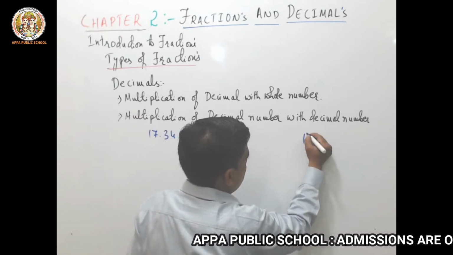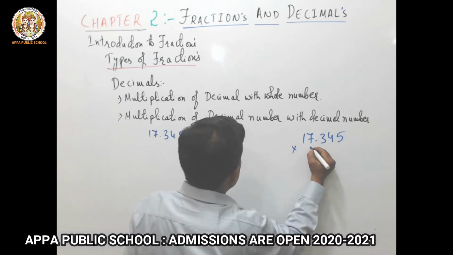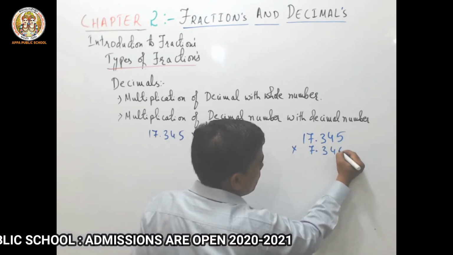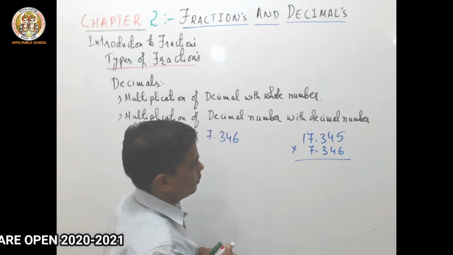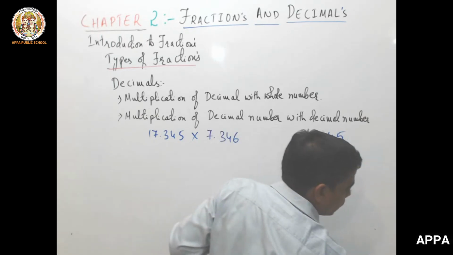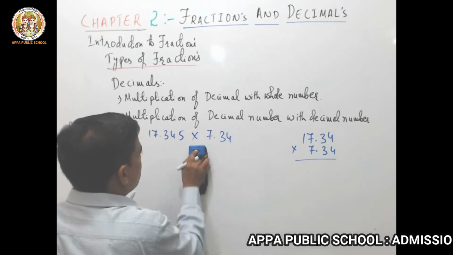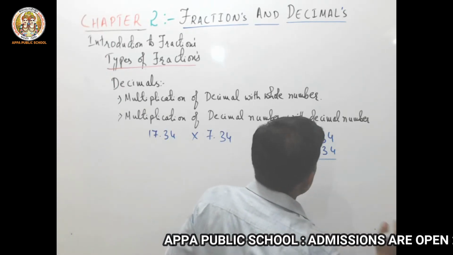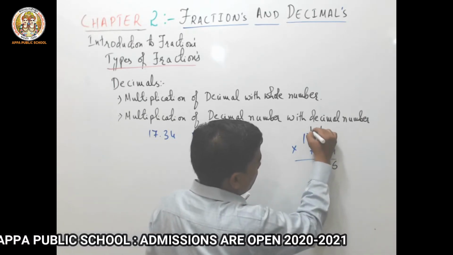So multiply 17.345 with 7.346. If I multiply, what will I get? 6 5s are 30, or else take only two numbers. 4 4s are 16, carry 1. 4 3s are 12, plus 1 is 13, carry 1.